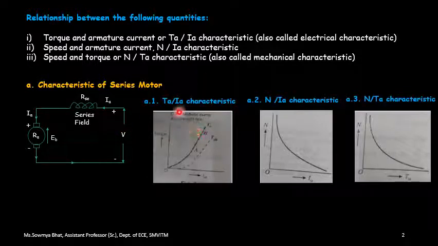The first characteristic depends upon torque as well as armature current. In the previous presentation, we saw the relationship for armature torque.